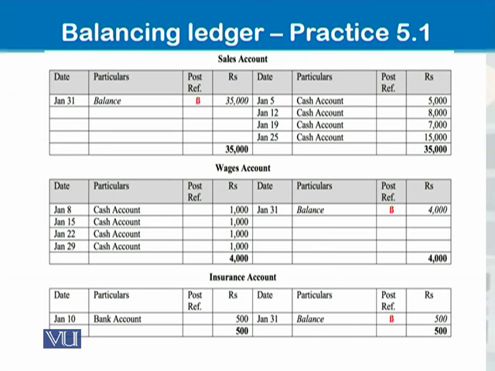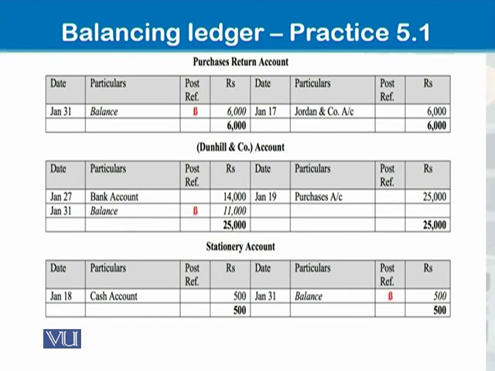Insurance, again it's an expense, debit in nature, balance would be named as debit balance. Purchases return, yes, it's member of expenses group, but it is an exceptional case because purchases return are contra to purchases. Therefore, it will always give us a credit balance.